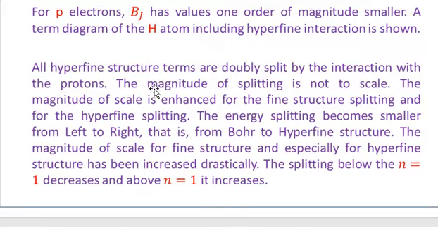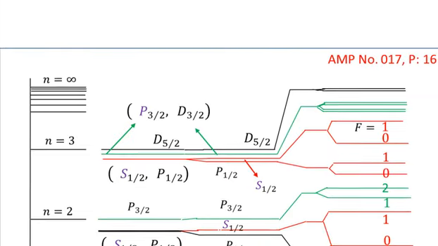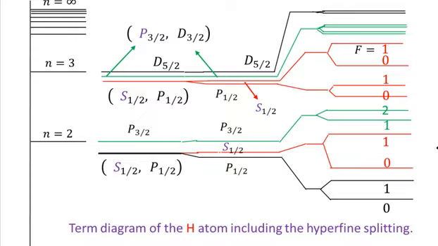So all hyperfine structure terms are doubly split by the interaction with the protons. The magnitude of the splitting is not to scale. In principle, these hyperfine structures are very narrow, narrower than the spacing between P1/2 and S1/2.